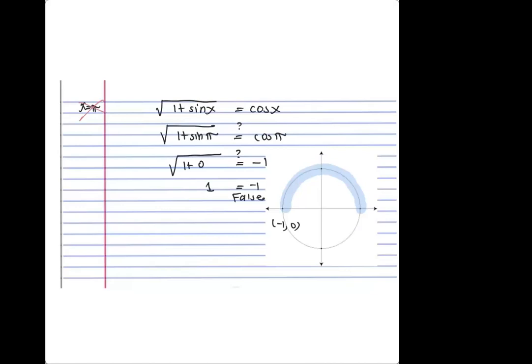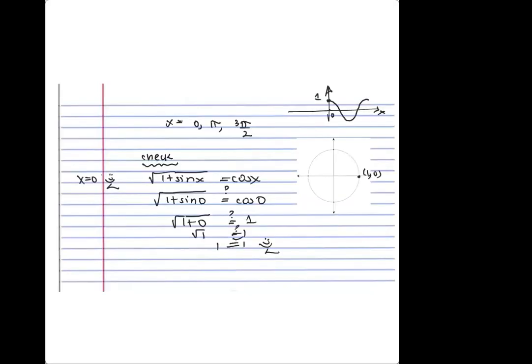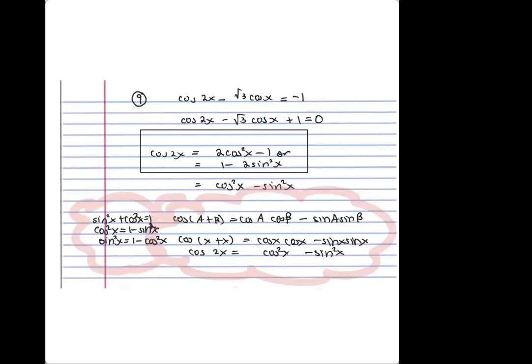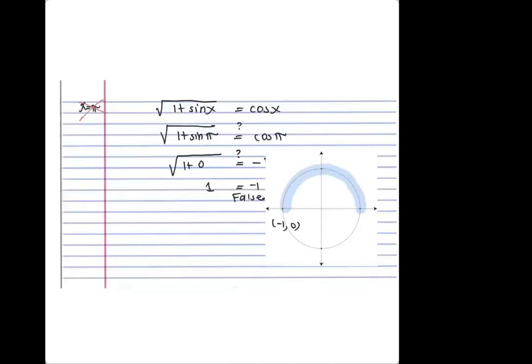Last one to check. What was the last one to check? 3 pi over 2. All right, so let's go ahead and check 3 pi over 2.